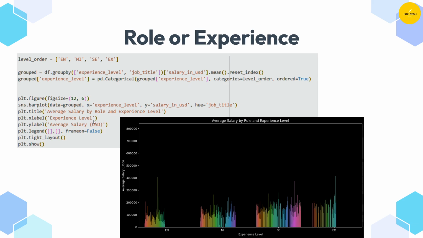We plot this data, and from this we get this graph. This graph showcases the many different jobs in these different arrays of colors, and it also showcases their average salary. From these colors, we can see a trend that on average a role will earn a bigger salary when the experience goes higher.